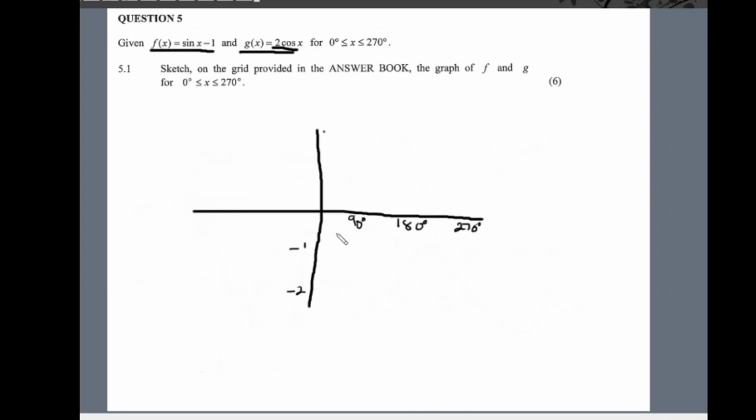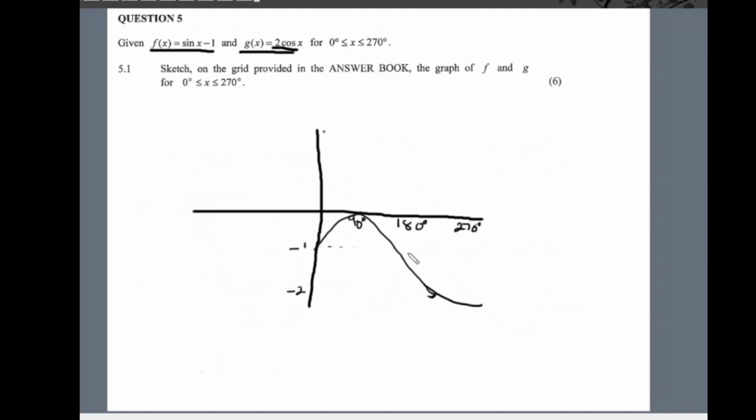Sine x minus 1 will be like this. Right? Sine x minus 1 will be like this.